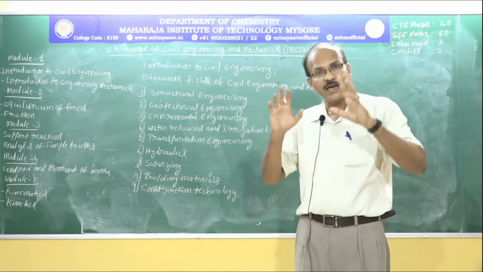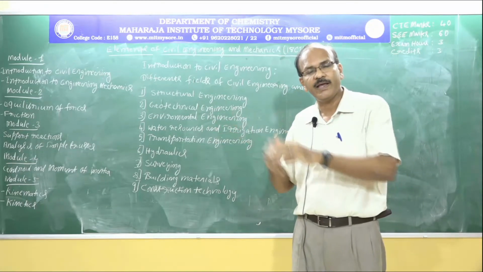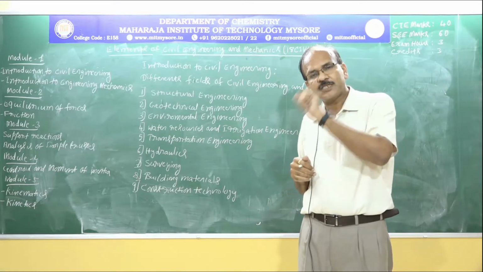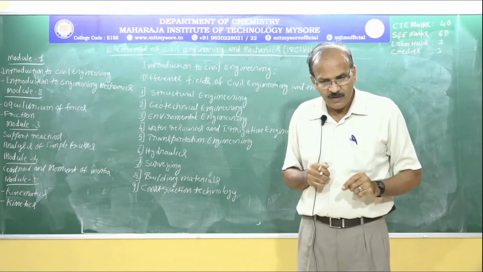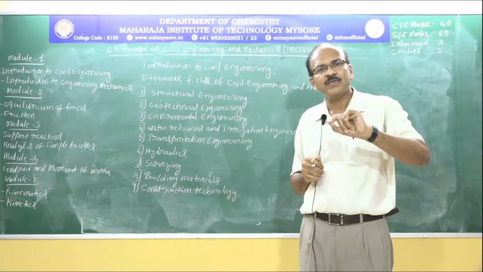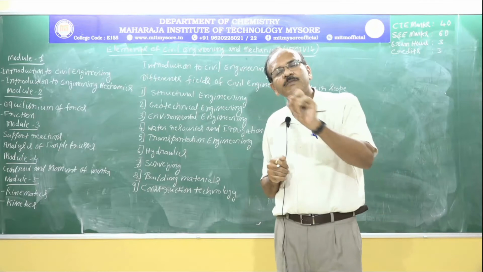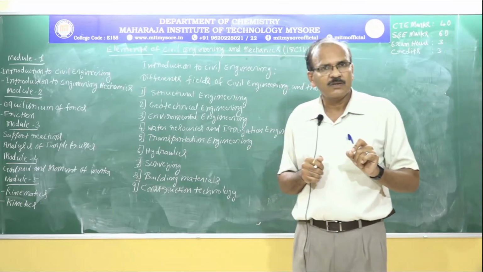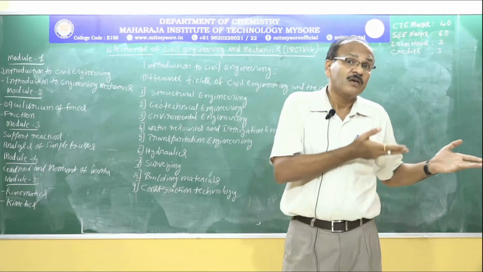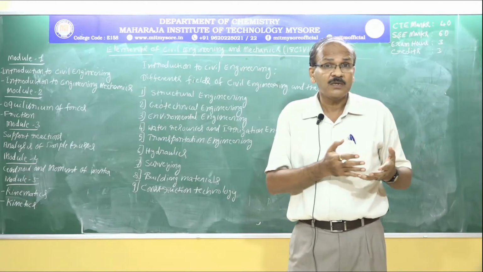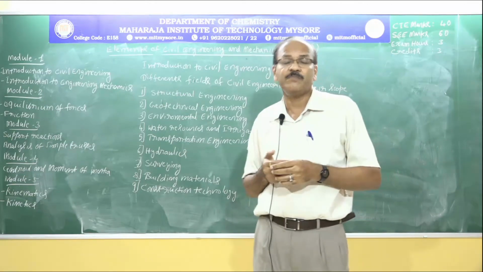Again, I am taking the example of a simple building. That is called SBC, safe bearing capacity. To find the safe bearing capacity, we need to determine different properties of the soil. The different properties of the soil are physical properties and also engineering properties.